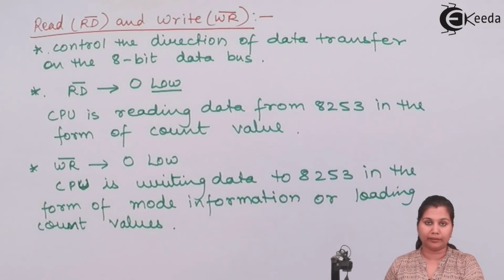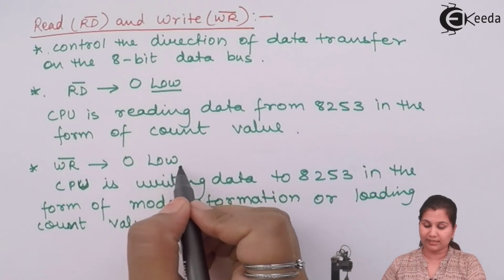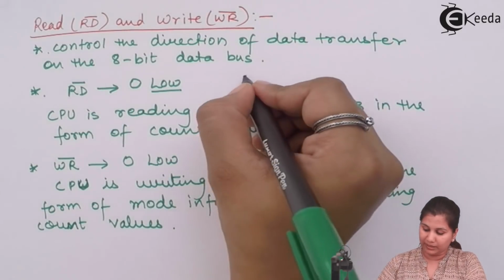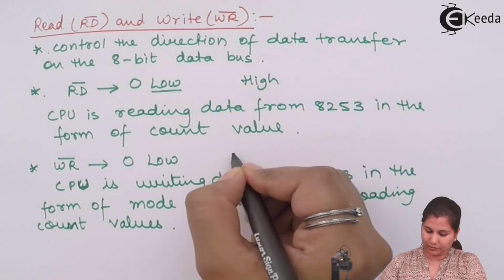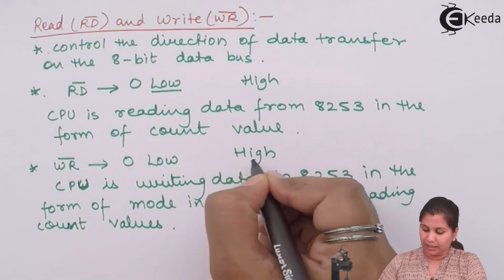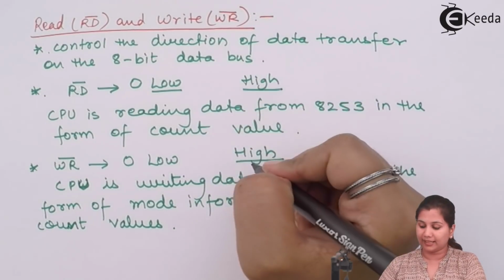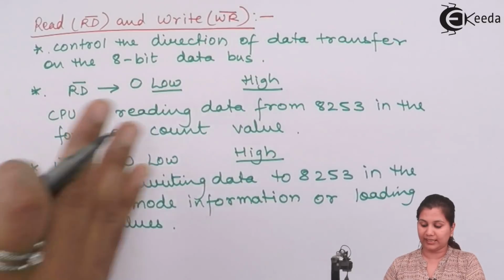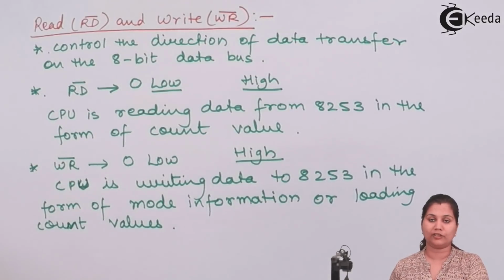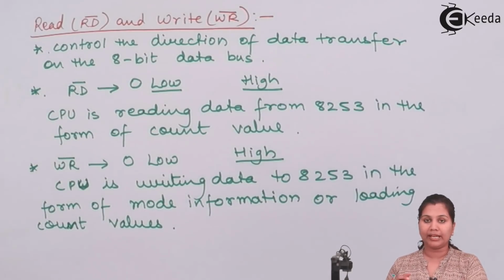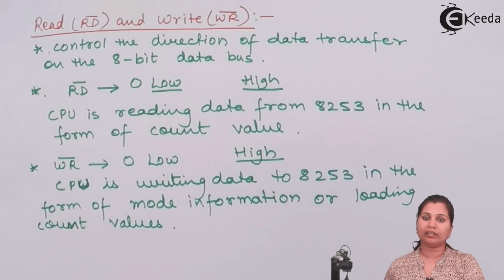signal is enabled. Now if these two signals are high, means this is high and this is also high, then the data bus buffer, which enables the data transfer and is connected between the 8253 and CPU, will go into the high impedance state.